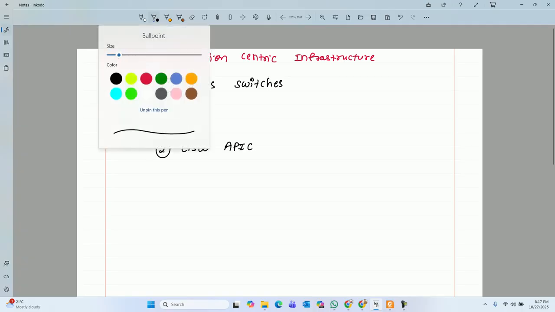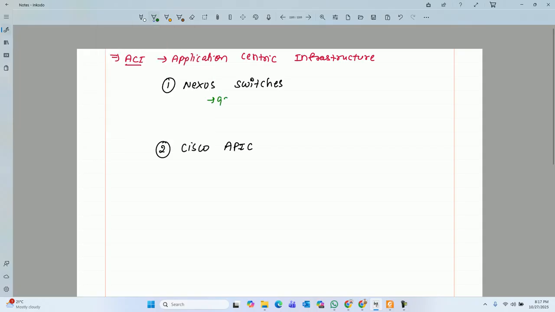And when we talk about Nexus switches, the major series we are using in our ACI environment are the 9300 series and the 9500 series of switches.